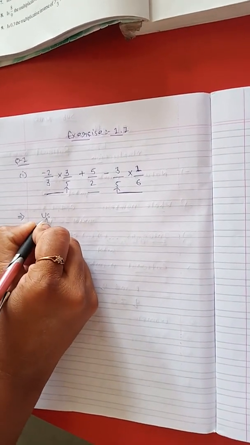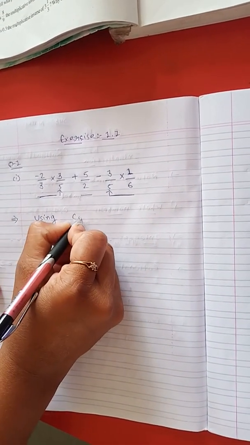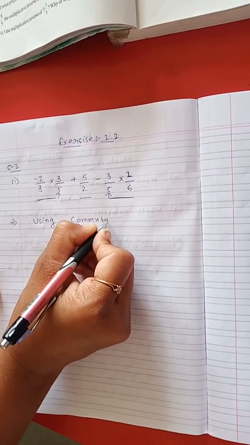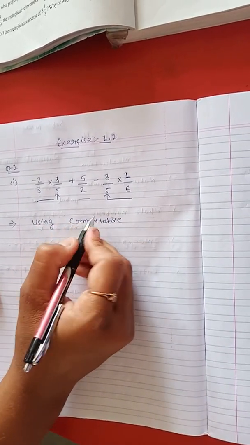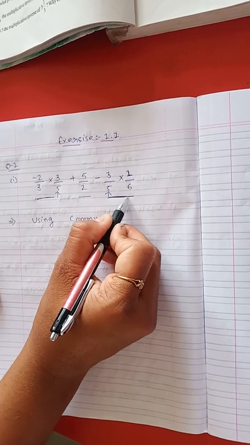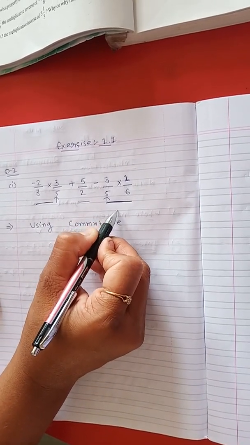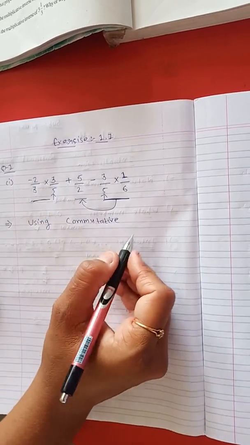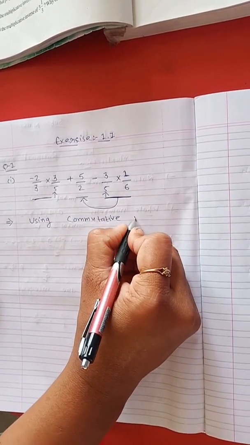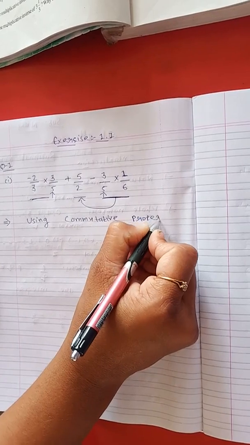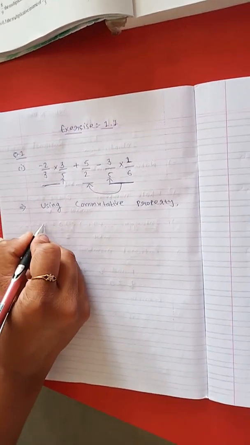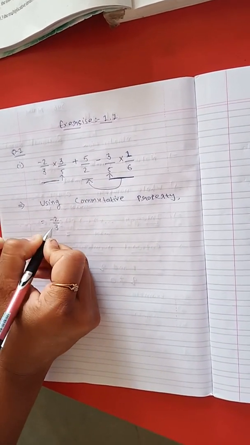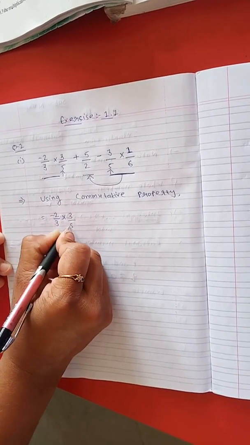So first we use the commutative property, because we have to change the place of these numbers, from the third place to the second term. So using the commutative property, we write minus 2 upon 3 as it is, multiplied by 3 upon 5 as it is.